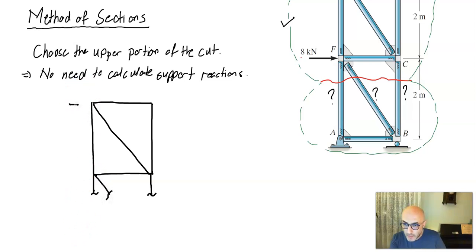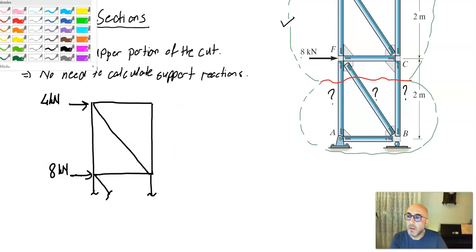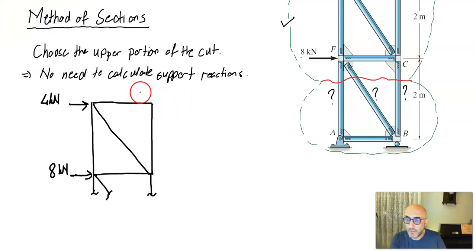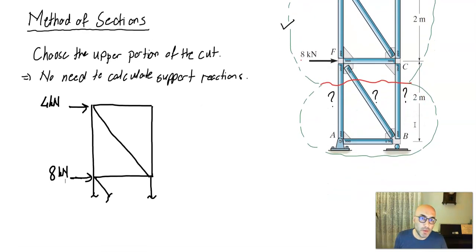On this upper portion we have the externally applied loads, 4 kilonewton here, and another externally applied force, 8 kilonewton here. And we have 2 meter and 1.5 meter. These are the lengths here, 1.5 meter wide, and this bit is 2 meter.